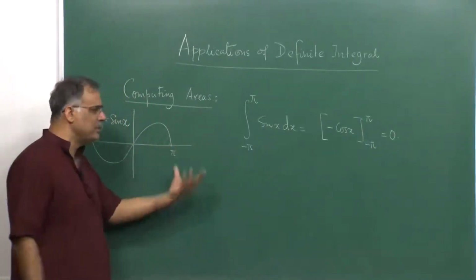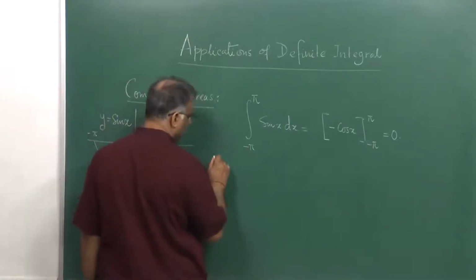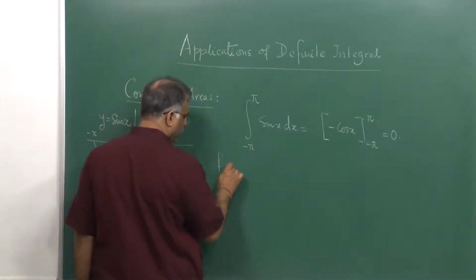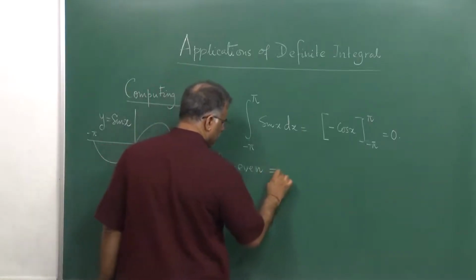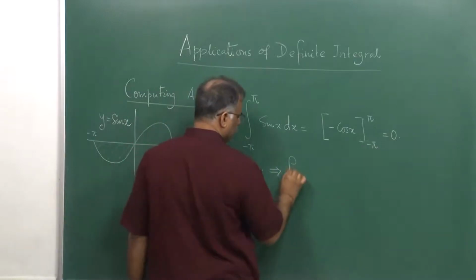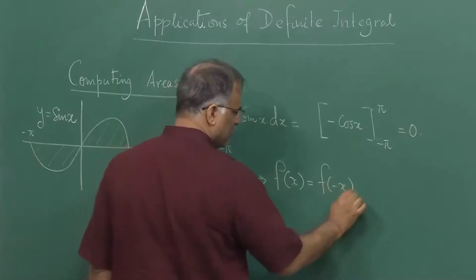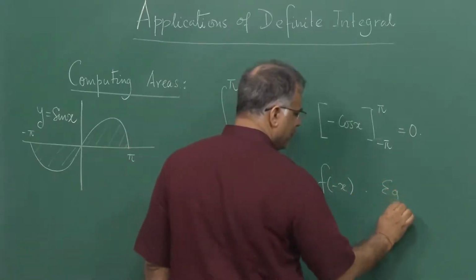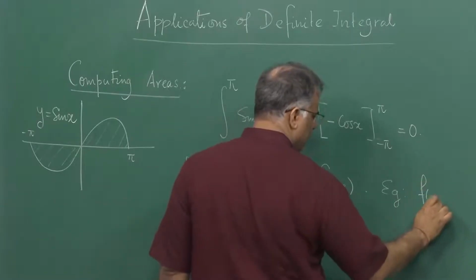This result happens because of a more general structure. There are two classes of functions called odd and even. So, f is even if f of x is the same as f of minus x, for example f x is x square.